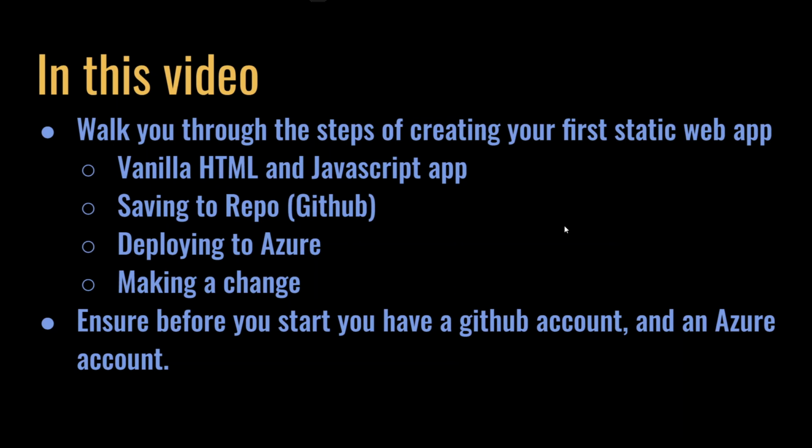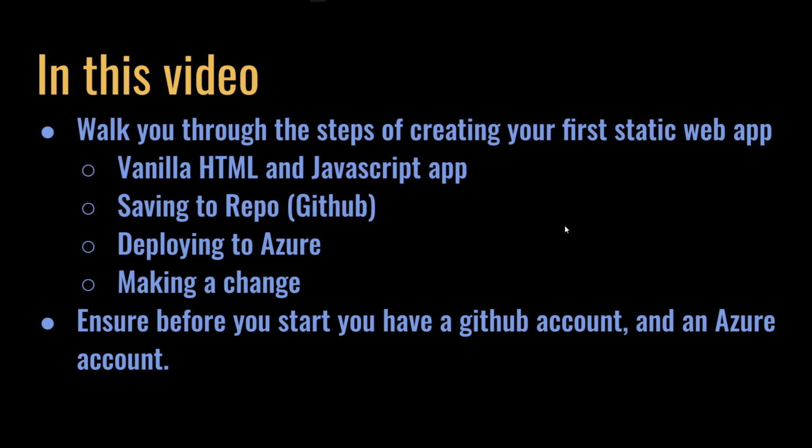Before you follow along with this video, please ensure that you have the prerequisites in place. And the prerequisites are that you have a GitHub account, which you can set up for free. Make sure you've got that and that you are logged into your GitHub account before you start. And also that you've got an Azure account, which again is free and is certainly free for the services that we're going to be using during this series.